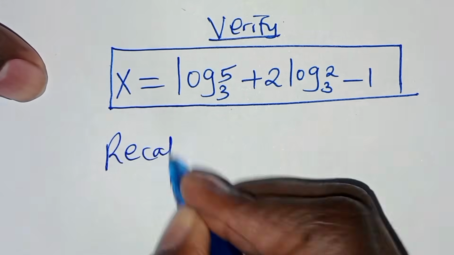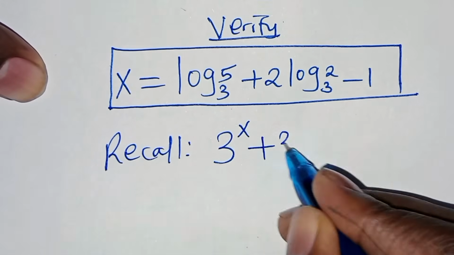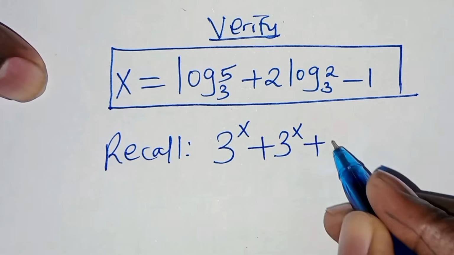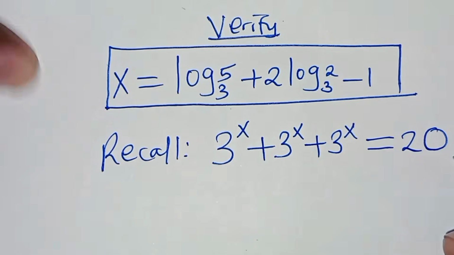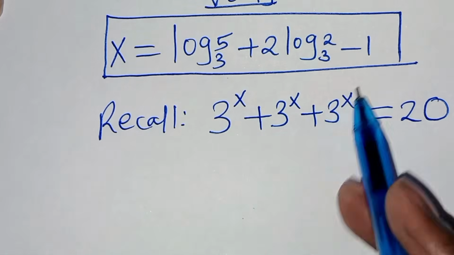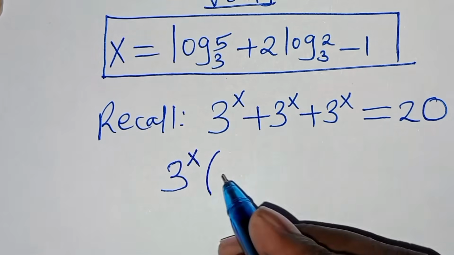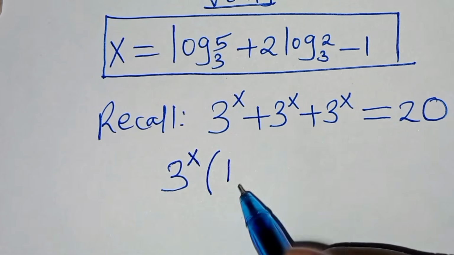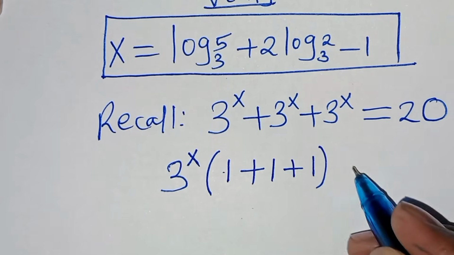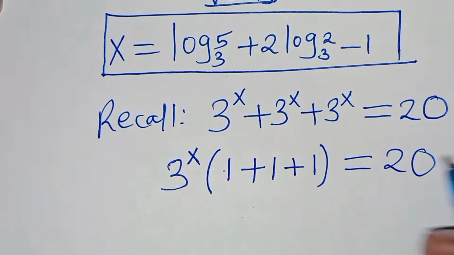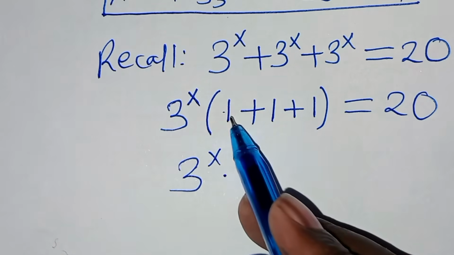Now, if you recall, we have 3 to power x plus 3 to power x plus 3 to power x. This is equal to 20. And given that 3 to power x is common, we can factor out 3 to power x, so that this will be equal to 3 to power x times 1 plus 1 plus 1.